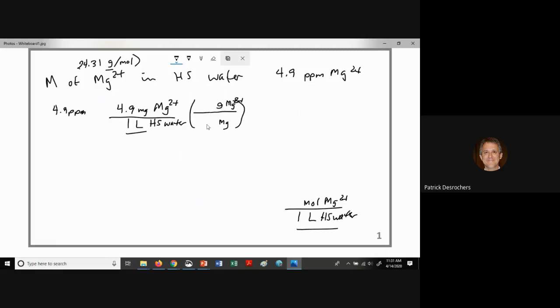And anybody remember which one's larger? A milligram or a gram? If you're going to eat a milligram of poison or a gram of poison, which is more dangerous? Gram. Yep. So 1 gram is 1,000 milligrams. Okay. So that's good. So my milligrams will cancel.